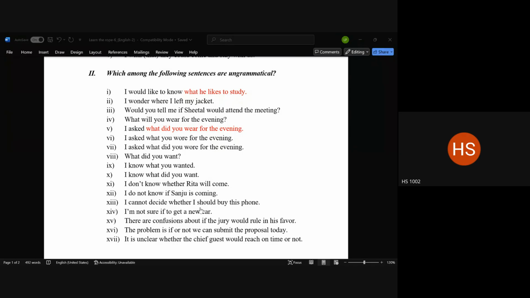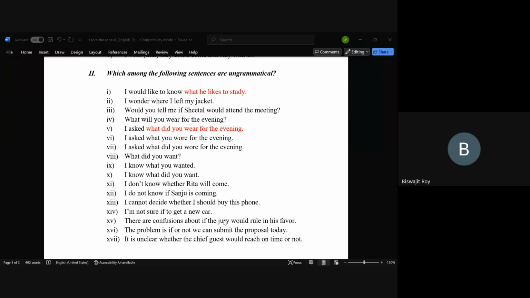Now, 13th one, I cannot decide whether I should buy this phone. Can you tell me if it is right or wrong? And also tell me why. Correct. Why is this correct?